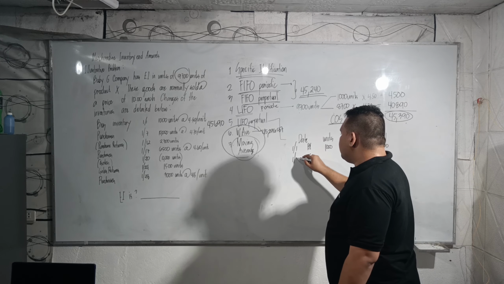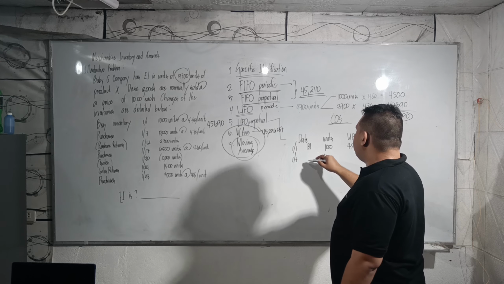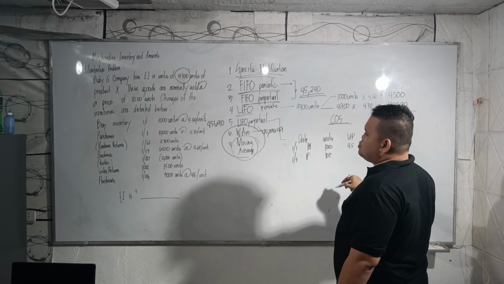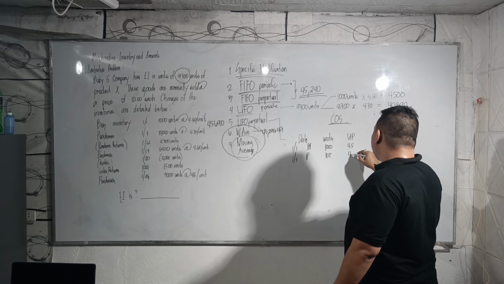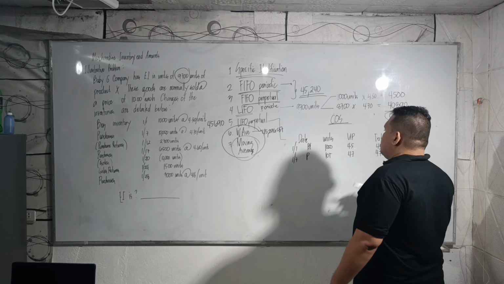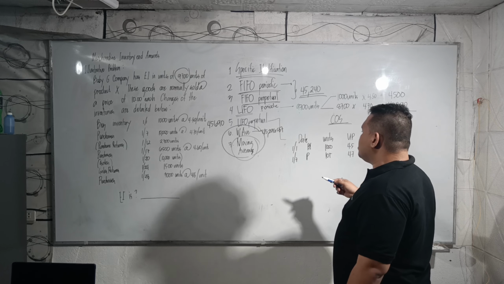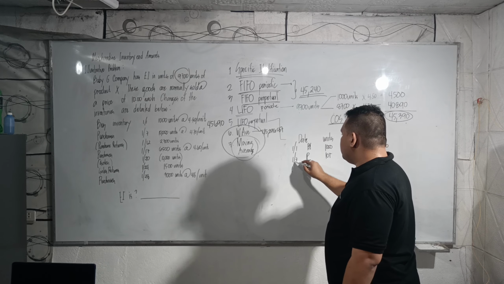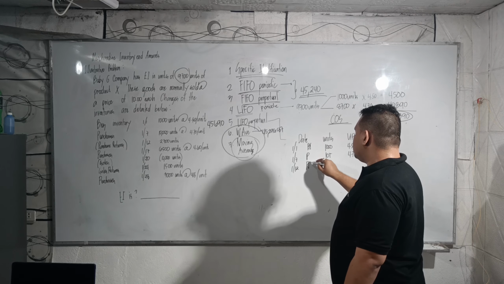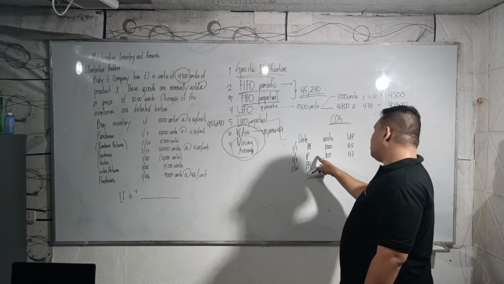However, on 1/7, you have purchases, which is 10,000 units, and then that's at 4.7, so that's 47,000. And next is purchase returns. So you do not have to average anything yet, because purchase returns is very much related also to purchases.